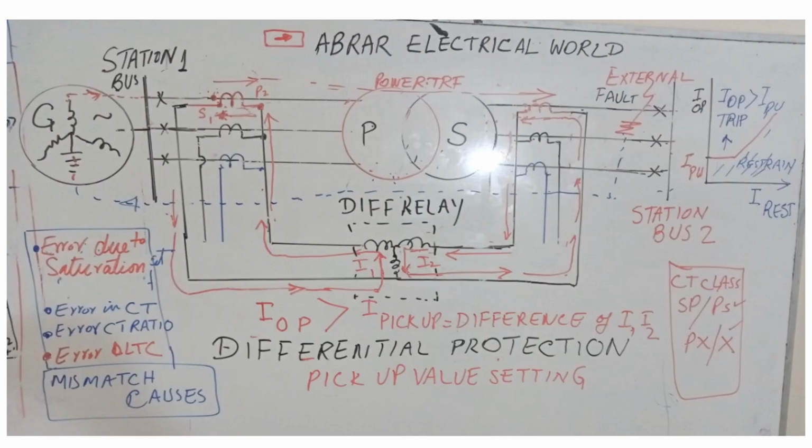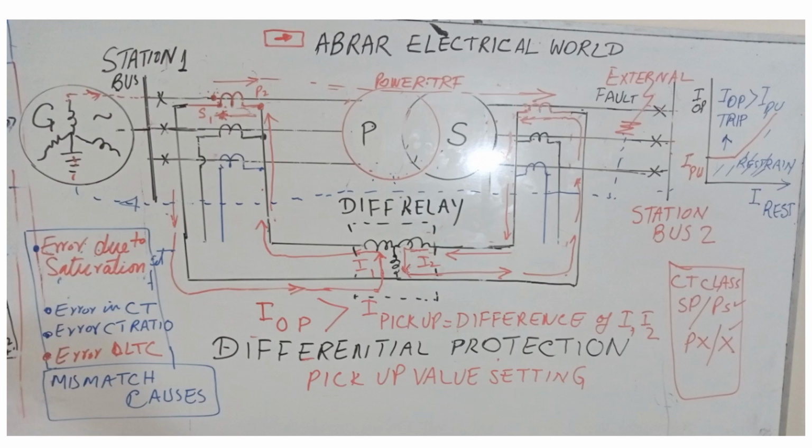So let's see. I have shown you this diagram before, during the pickup value explanation, and I had mentioned there that without any fault, under normal condition at full load or even half load, there may be a differential current in the operating coil of the differential relay.